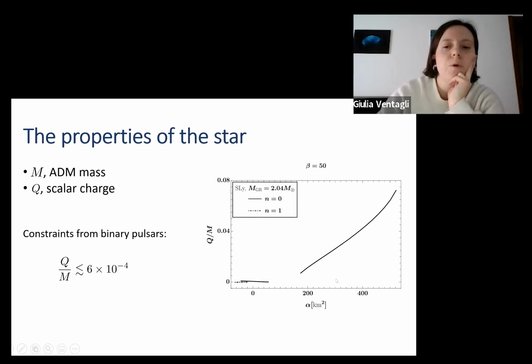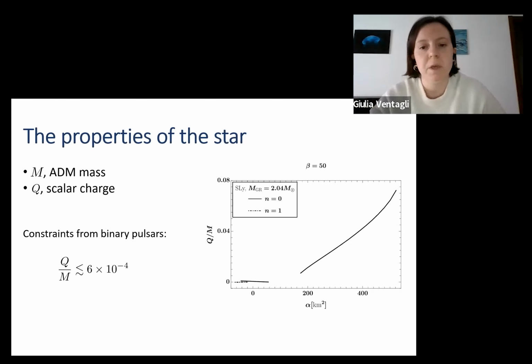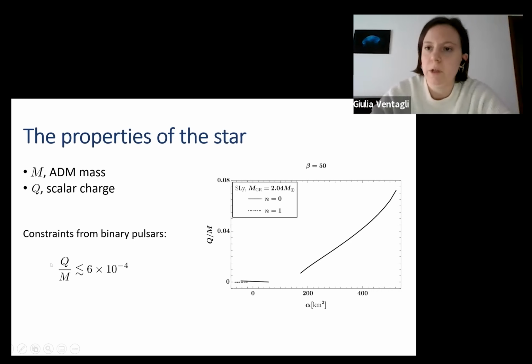But at the same time, when we consider a second branch of solutions where alpha is quite big, it's clear that this condition is violated. So points of the parameter space with this choice of alpha and this beta cannot be considered. Of course, we did this analysis for different values of beta and different choices of equation of state and central energy density. I'm just showing the clearer plot to understand what we did.